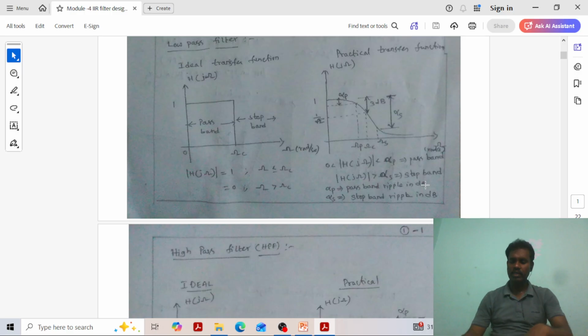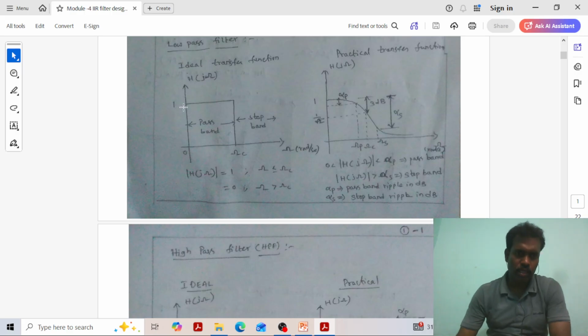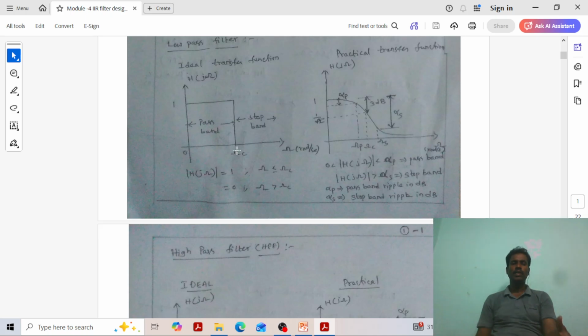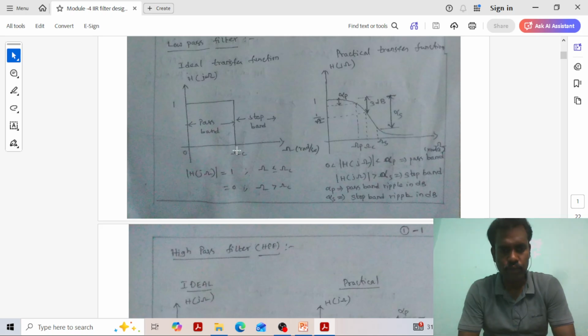What is a low pass filter? The filter that allows the input signal up to some cutoff frequency. From 0 to the cutoff frequency, it will allow the input signal, and it will completely eliminate the signals having frequencies more than the cutoff frequency.